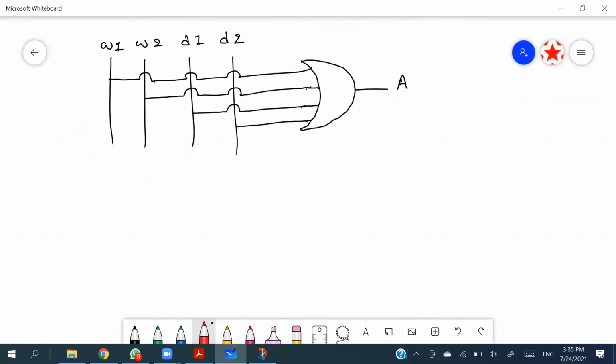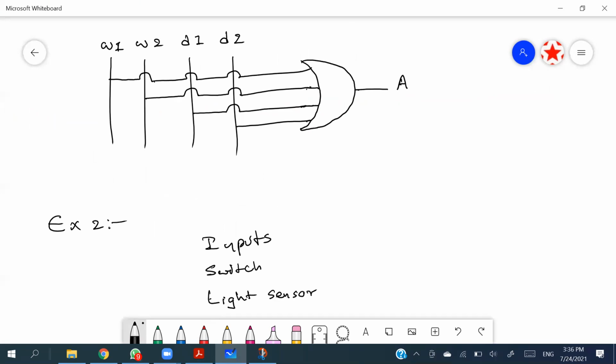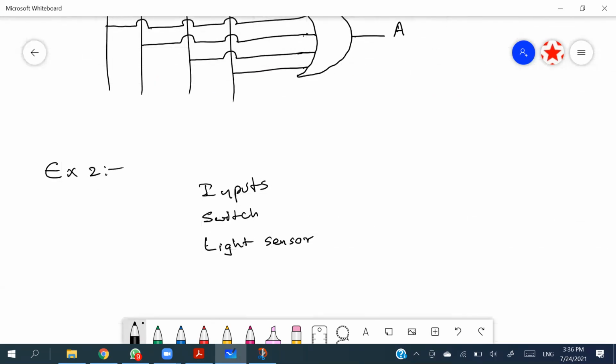So as we argued earlier, in the second example the inputs are going to be the switch, the light sensor and the timer.